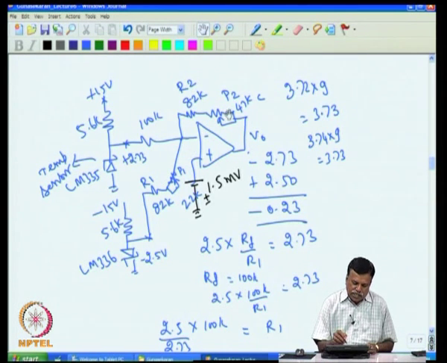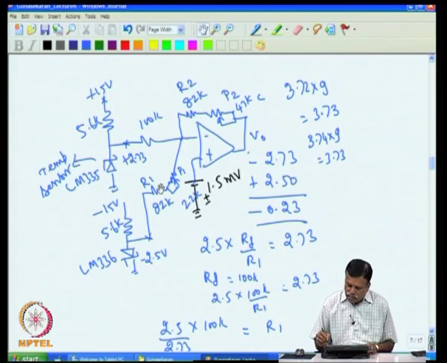Now, assuming this also is 100 ppm, that means the total drift is 100 ppm, this is plus 100 ppm, and this is minus 100 ppm. What is the expected error at the output, assuming this is not drifting at all? That can give a worst case error.